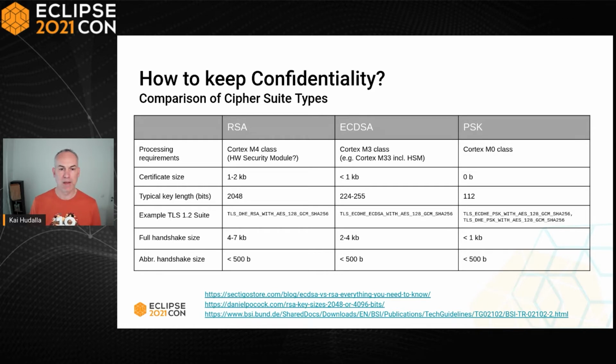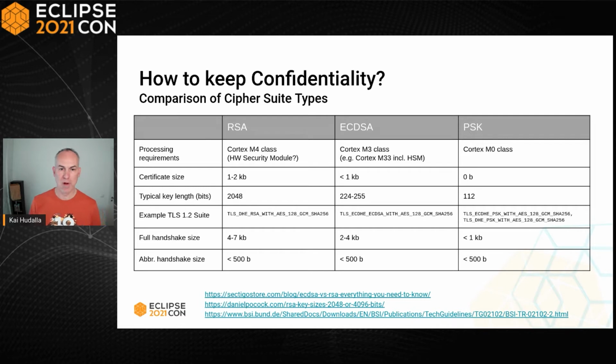The typical key length you see there as well. You see example TLS 1.2 suites that are recommended by government authorities in Germany at least to be used and are considered secure at least until 2027. And what you also see is the impact that the different types of authentication mechanisms have on the full handshake and the abbreviated handshake.